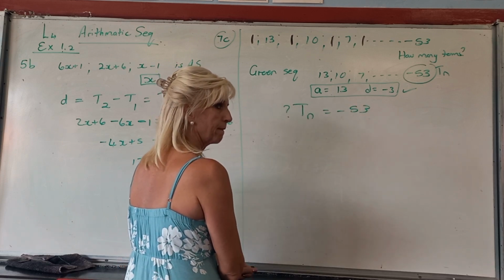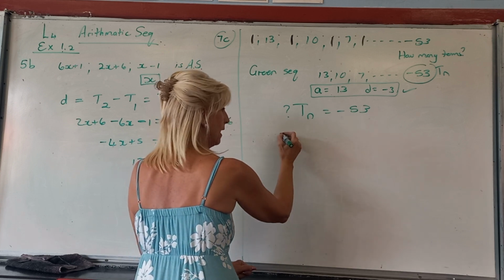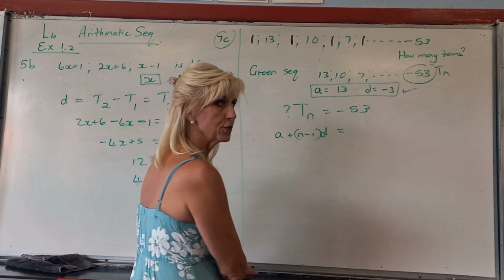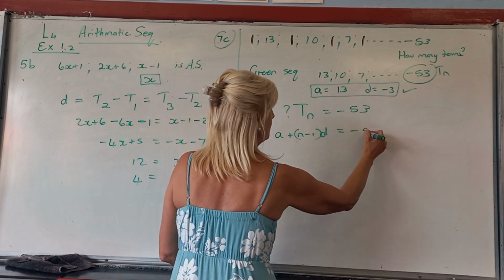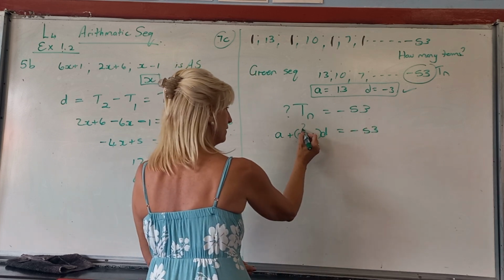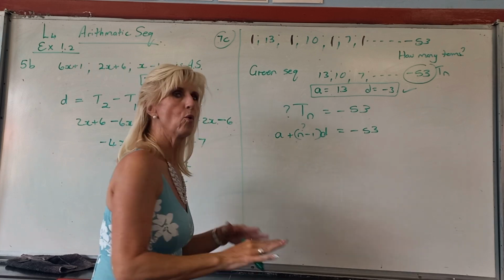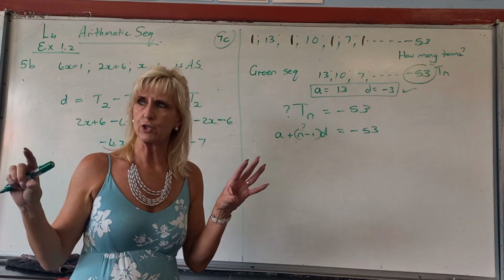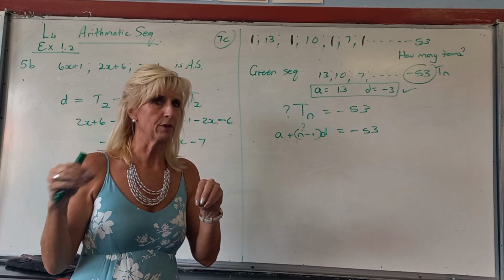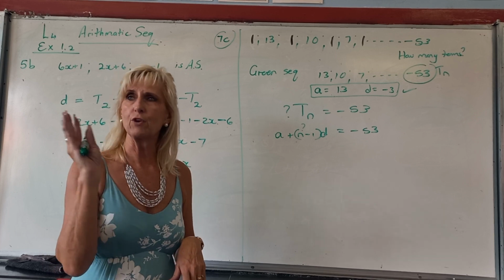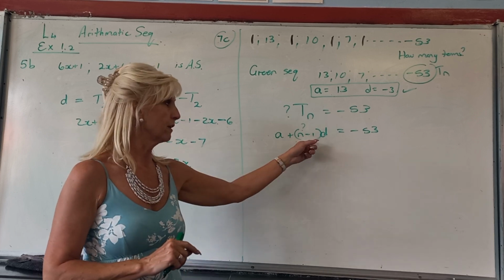The arithmetic formula for the nth term, A plus (n minus 1) D, which you get on your formula sheet, and negative 53. So I'm trying to find out the n where I know the A. Whenever I've got an equation or a formula with various variables, if I give you everything except one, you can find it.